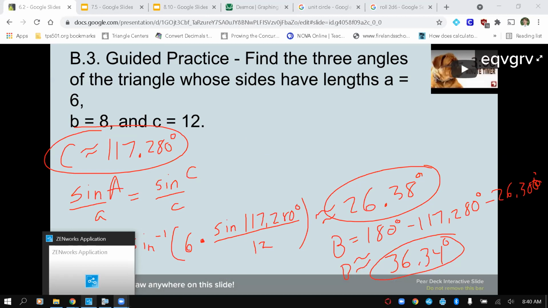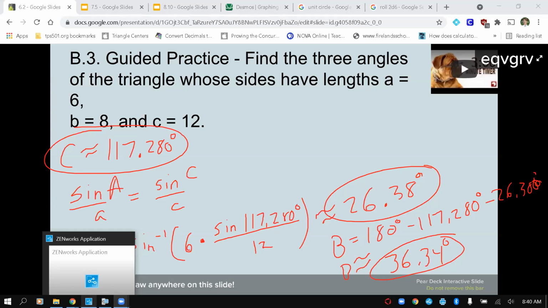So try cosine. The only difference is the little decimals are a little bit off. Right, because you got 117.26, and we got 117.28.